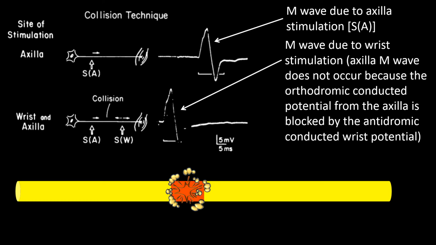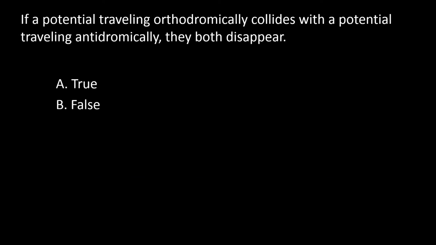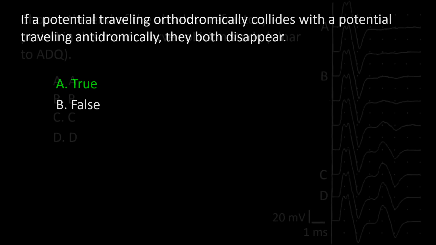And a little later, the block becomes partial, corresponding to the relative refractory period, and finally the block disappears. And at that time, conduction through the segment is reestablished at a normal rate. So the answer to this question is A.